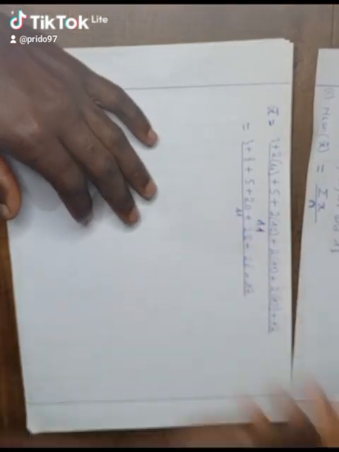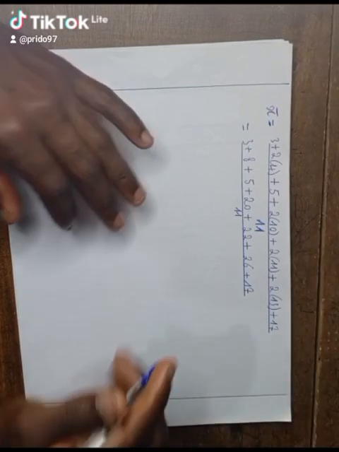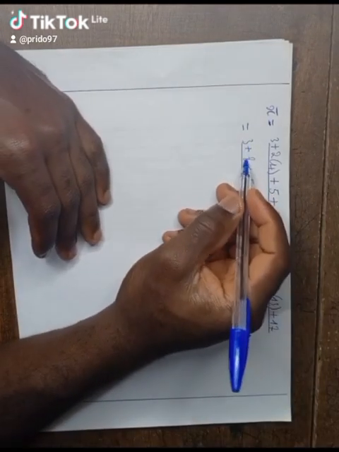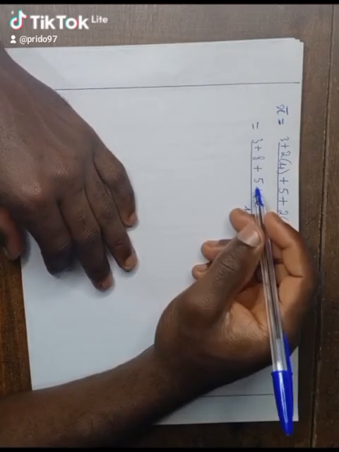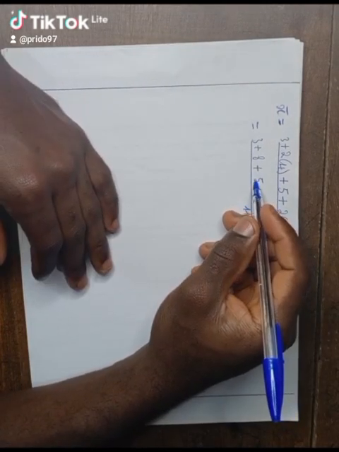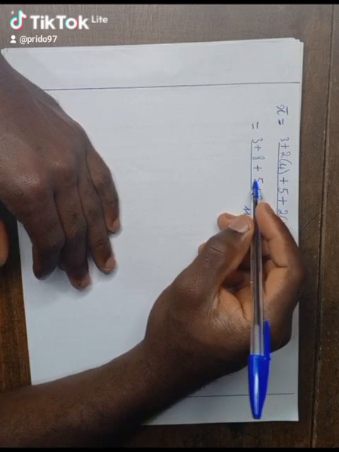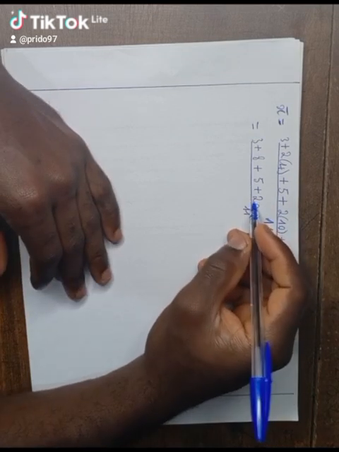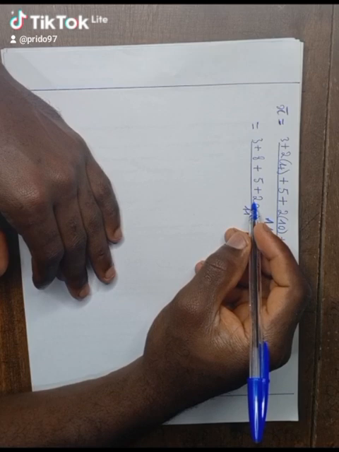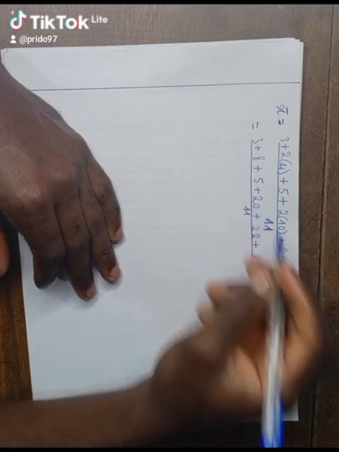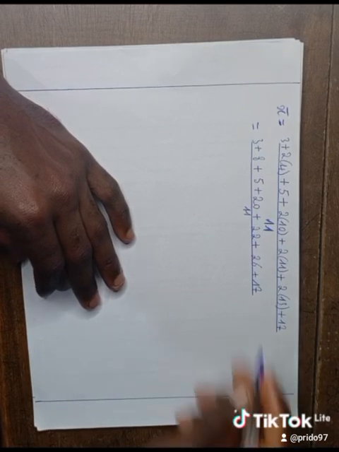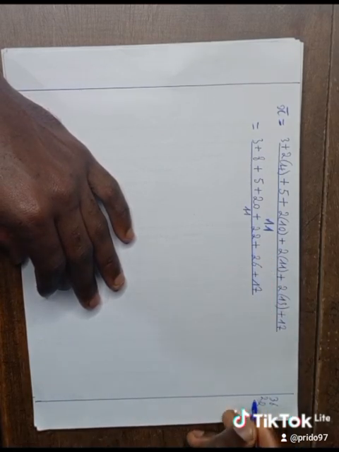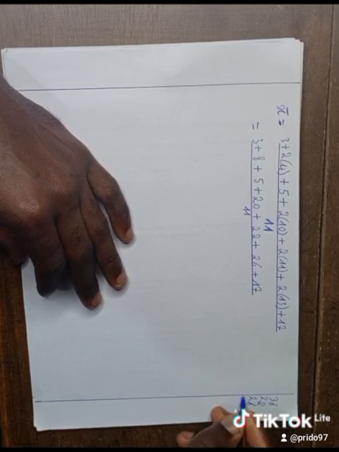Over 11, which will be equal to, if we take 3 plus 8, 3 plus 8 gives us 11, 11 plus 5 gives us 16, 16 plus 20 gives us 36, 36 plus 22 plus 26 plus 17.